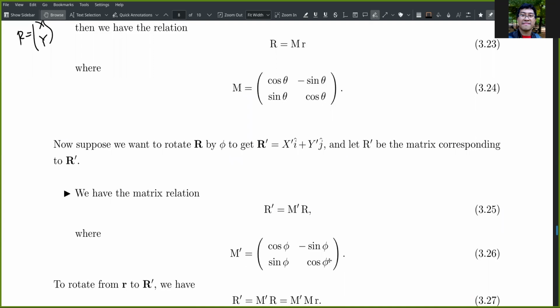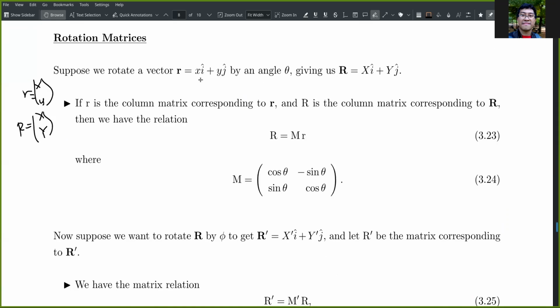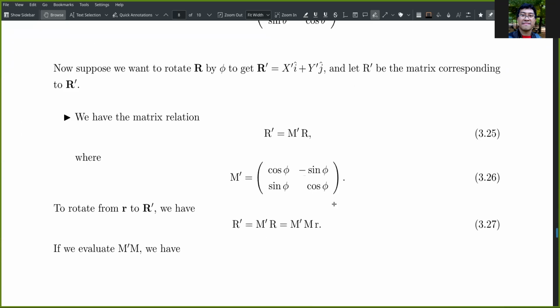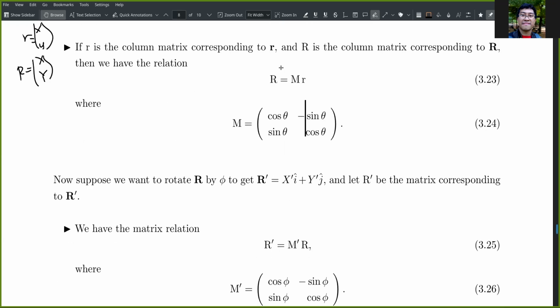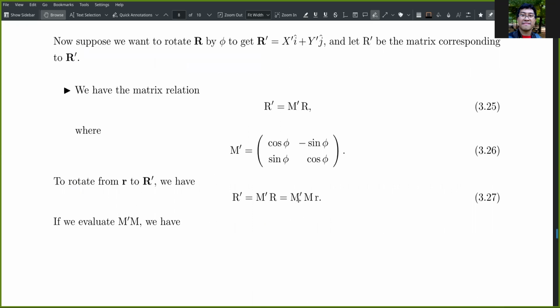If you want to rotate directly to R prime, you replace R by what we have here, which is M times small r, and you get M prime times M. This would now be the rotation matrix for going from small r to capital R prime.